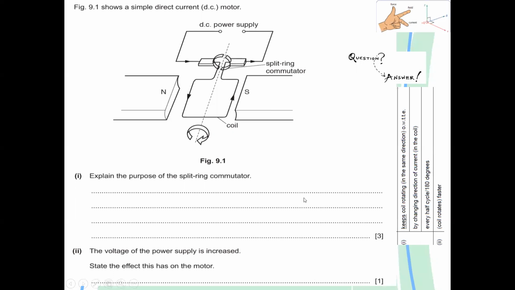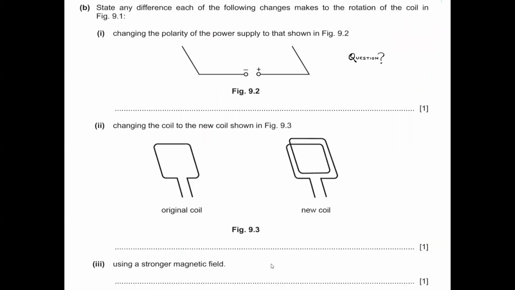Student: Sir, I don't get why increasing the number of coils makes it rotate faster. I know it makes it stronger, but faster, why? Teacher: What is the reason for that?